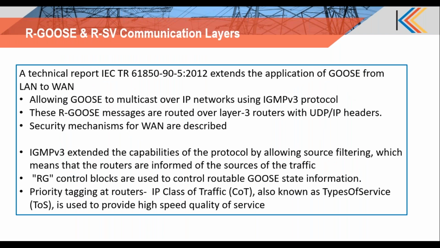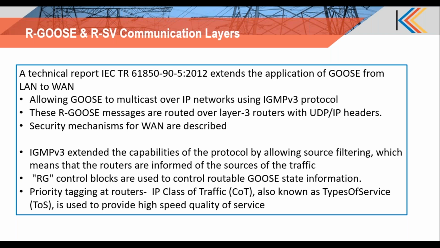Now let us see how this is being addressed in IEC 61850. So we have a technical report, TR IEC 61850-90-5, which extends the application of Goose from LAN to WAN. And a few points that you have to keep in mind when you start implementing R-GOOSE: it is not just an IP UDP packet. Basically, it allows Goose to be multicast over an IP network using a protocol called IGMPv3.